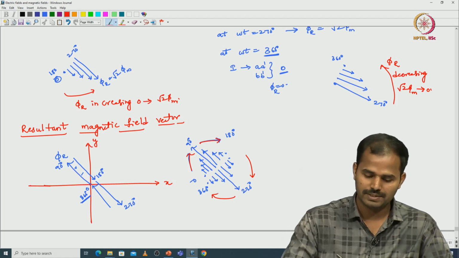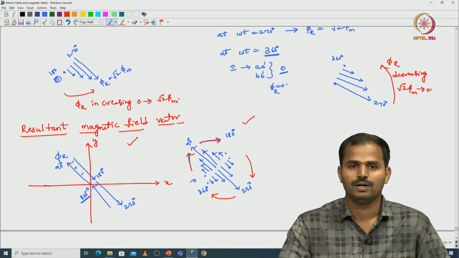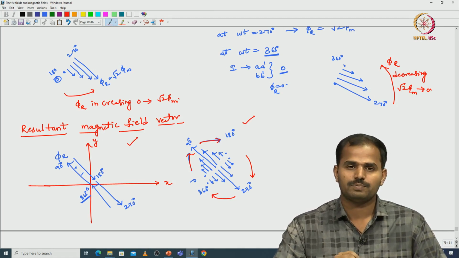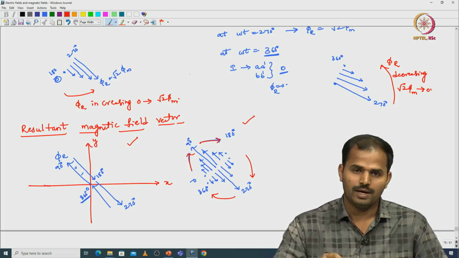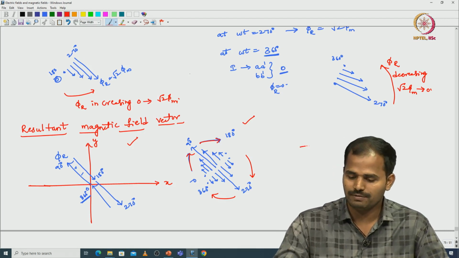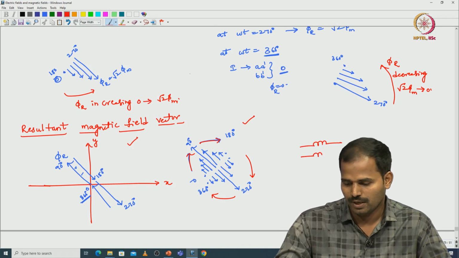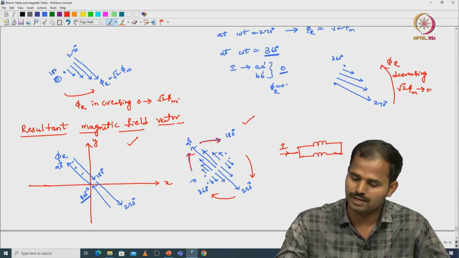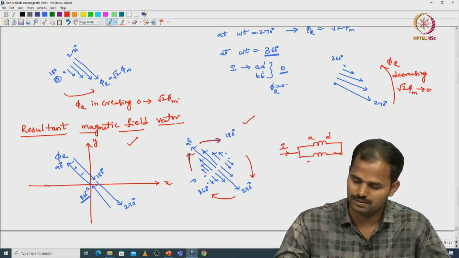We can represent the resultant magnetic field vector either this way or this way with respect to two coils and the same excitation, where mechanical displacement is given to the two coils but they are electrically in phase. The current is the same here and the mechanical displacement is 90 degrees.